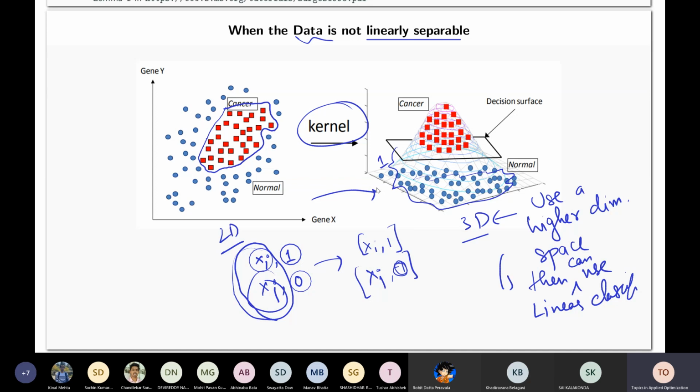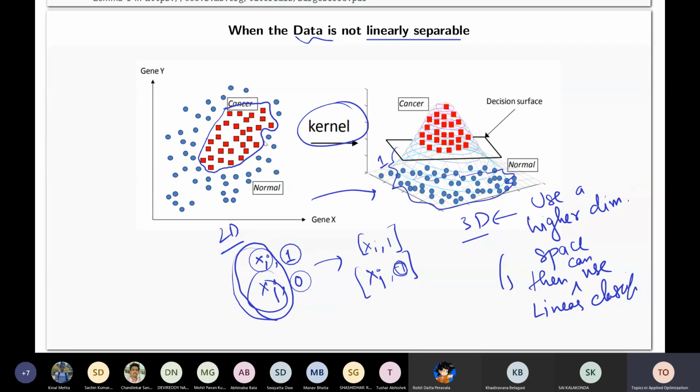The way I am using a higher dimension to lift one data from the other, I am then able to use the linear classifier. So this is the hint that if the data is not linearly separable, by taking advantage of a higher dimension, I may be able to do it. You may extend this also to multiple classes.